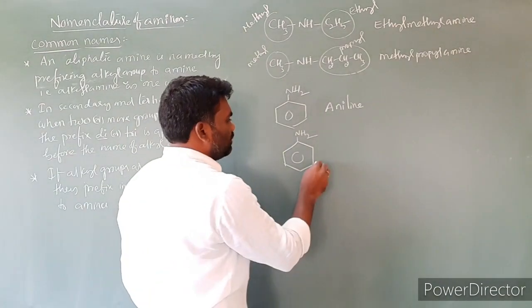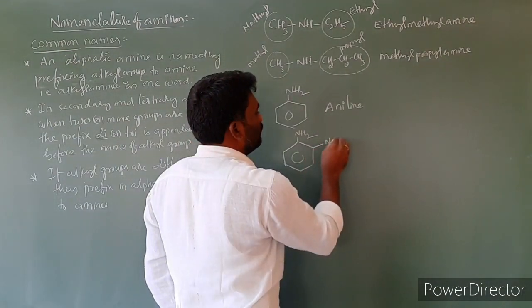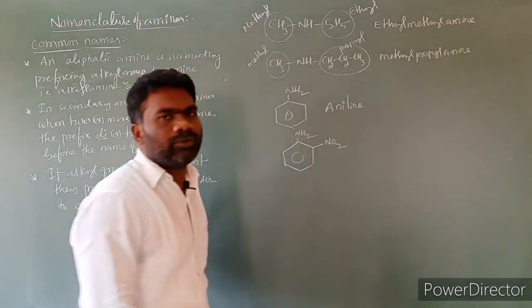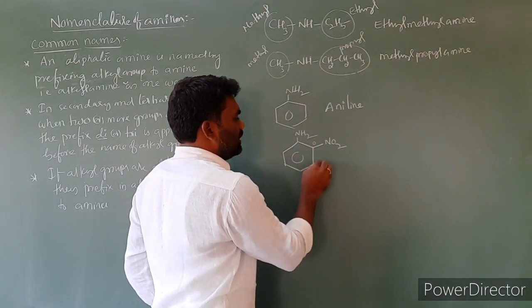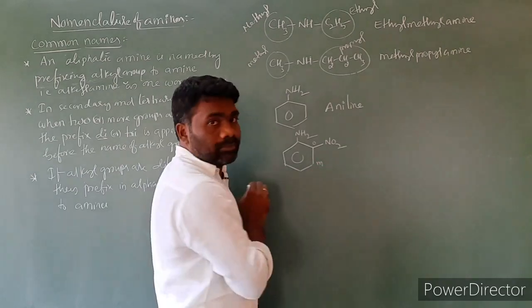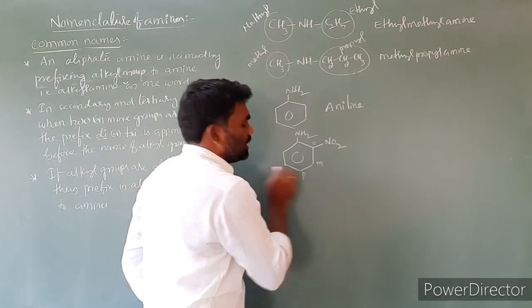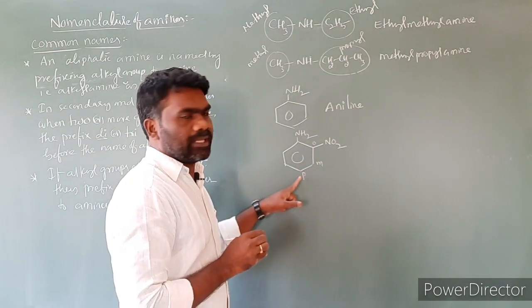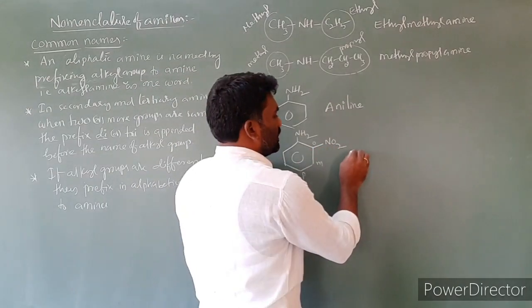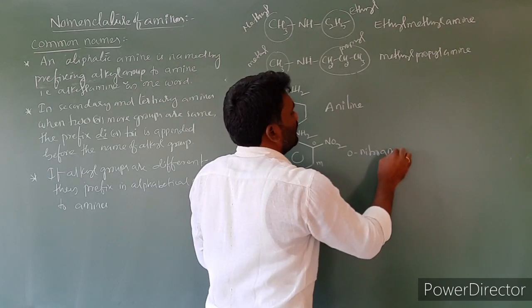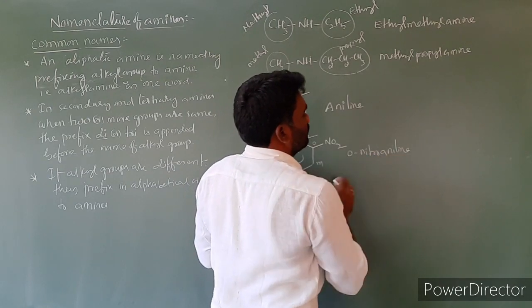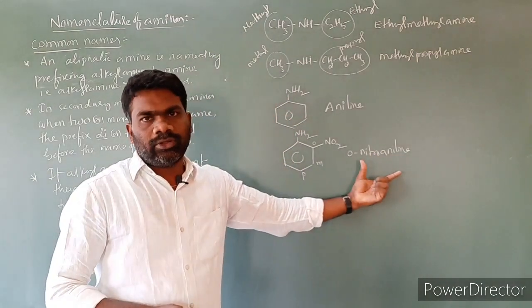To this, suppose at the ortho position an NO2 group is present. Here is the NO2 group. This we call the ortho position. This is called the meta position. This is called the para position. Ortho, meta, para. Then the ortho position has the nitro group. O-nitroaniline. This means ortho nitroaniline.